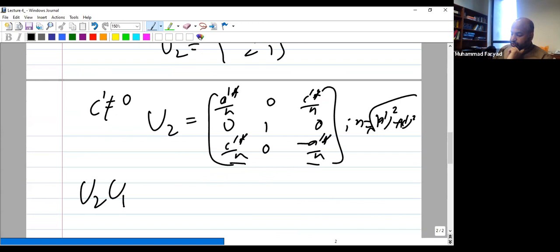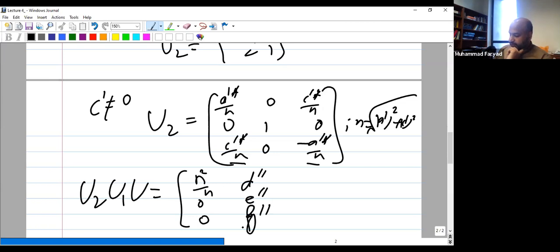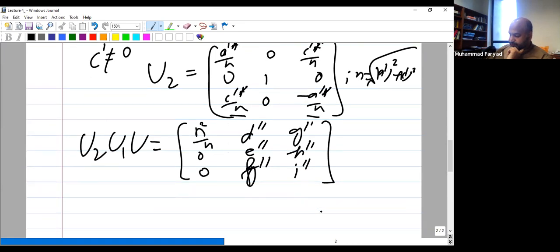So U2 into U1 U will again be some number N square over N, and then I will have 0 here, and suppose the elements over here are A, B, C, D double prime, E double prime, F, G, H, I. Is everyone okay now? And again, let's call it some A double prime, and we have to remember that this is a real number.